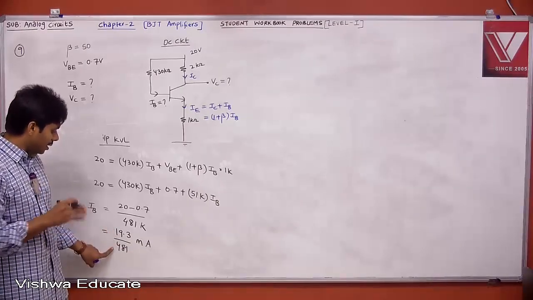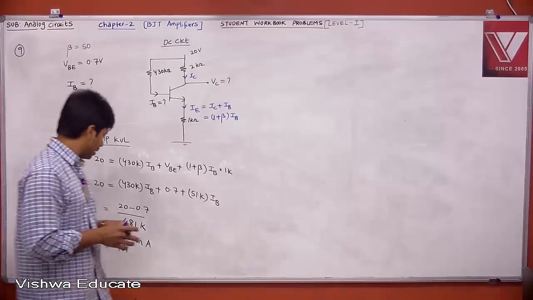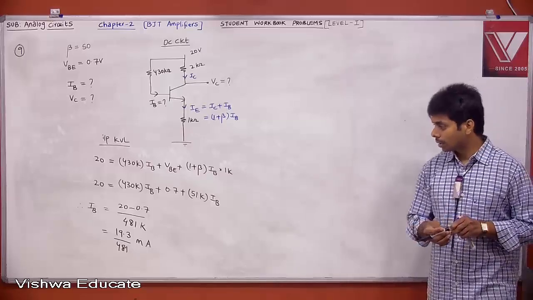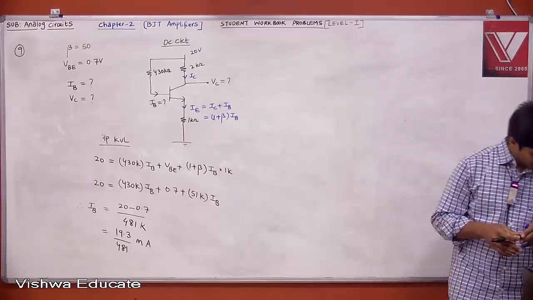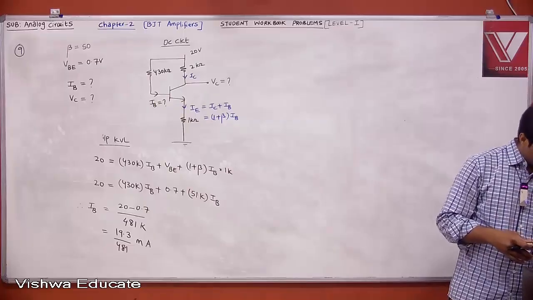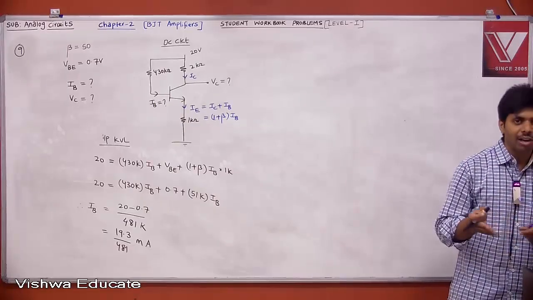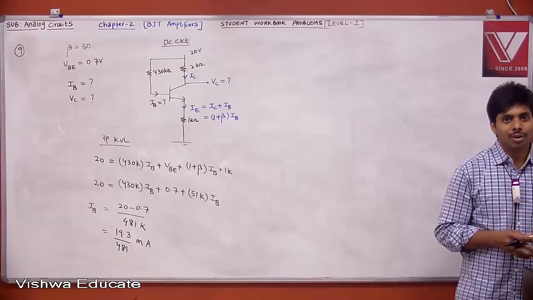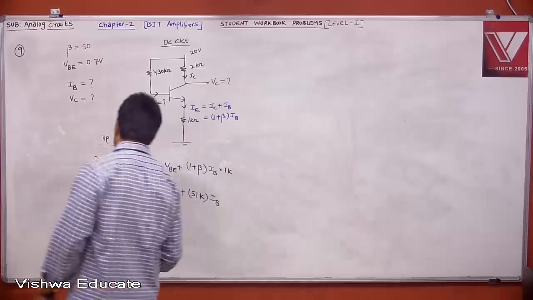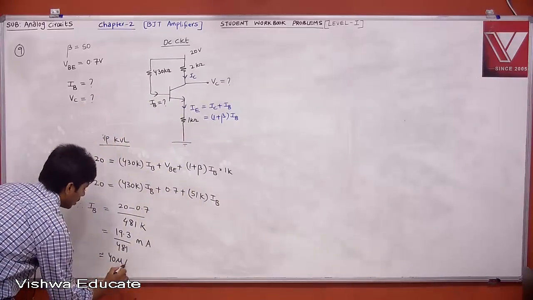Then 20 divided by 500 gives around 40, approximately 40. But if you see the answers, 43, 40, 45, 50, all are close to 40. Don't do any approximation. Calculate exactly. If you calculate exactly, you will get 40 point something, close to 40 microampere.